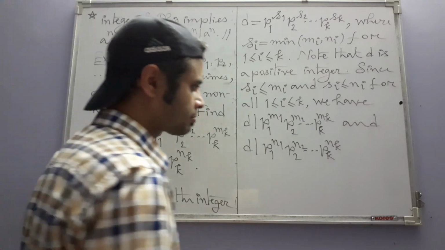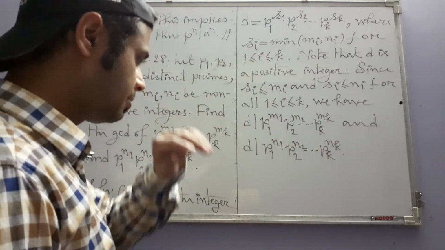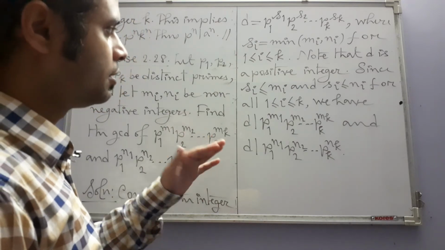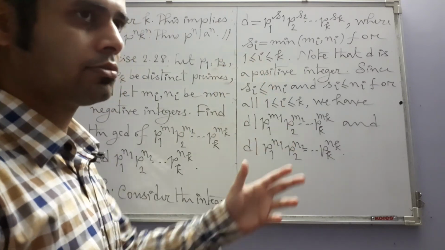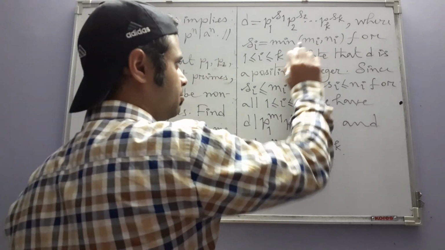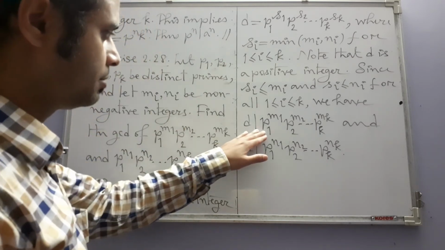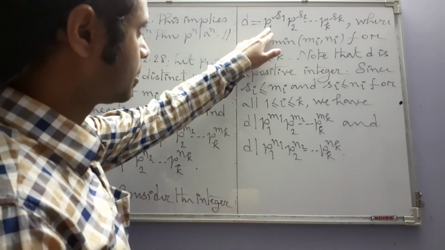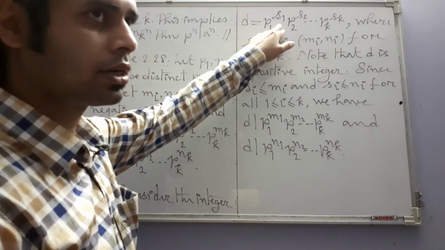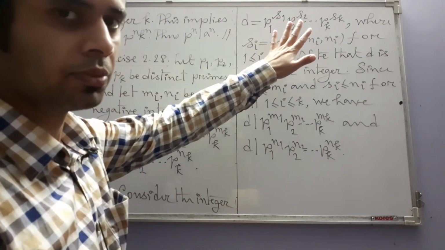Okay, why? You see, say you take i equal to 1 and suppose the minimum is m1, then here the first power of p1 is p1 to the power m1.